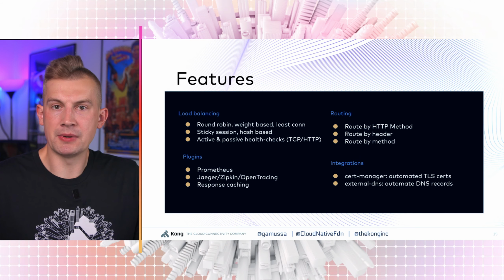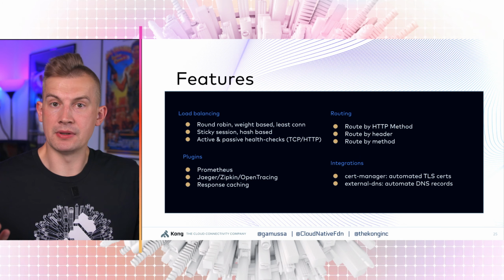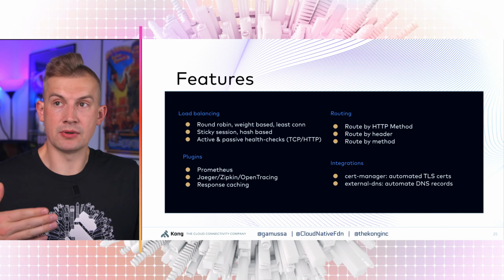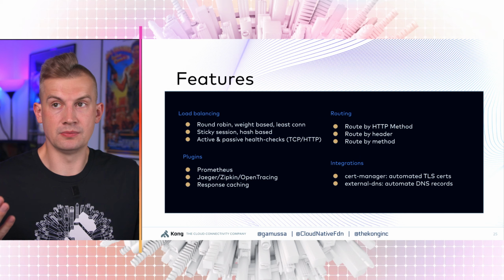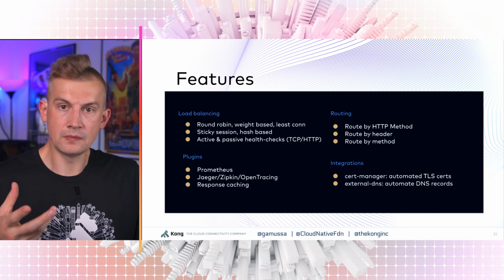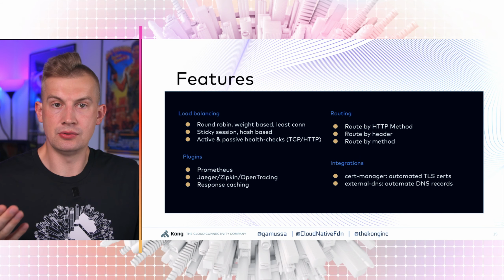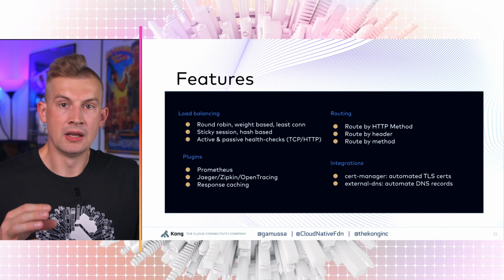Advanced routing can happen based on the route, or on the path, or based on the HTTP method. Like if we need to do some modifications, we need to call the get service. We can route this based on the header. You can provide a special header that allows different routing things.